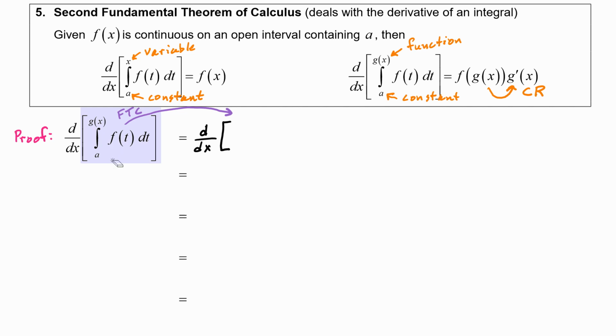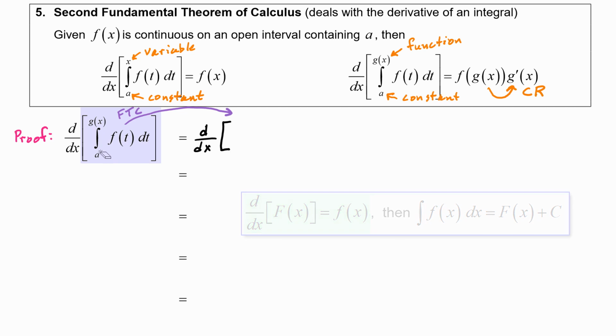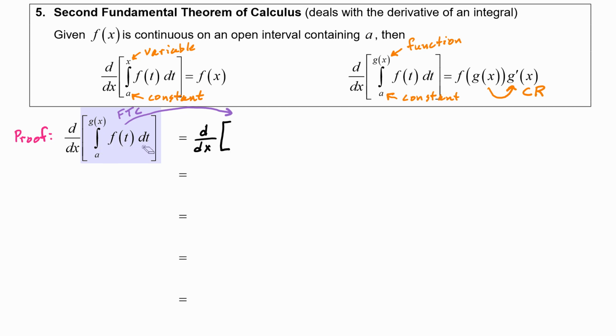We know our naming convention is that the integral of little f is capital F, or you can think of it as the derivative of capital F is little f. Then the integral of little f of t dt would be capital F of t evaluated from a to g of x.